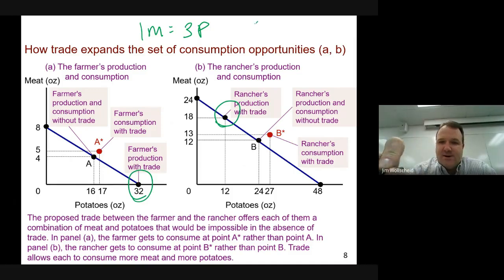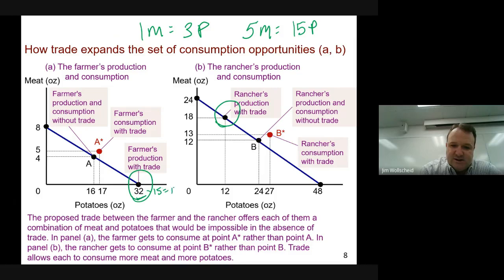Well, our trade is 5 meats for 15 potatoes. So if the farmer traded away 15 potatoes, 32 minus 15 gets us 17, and they gained 5 meat. So we would move up to this new point A.